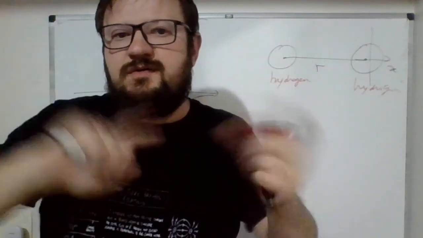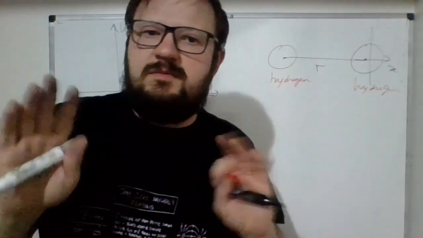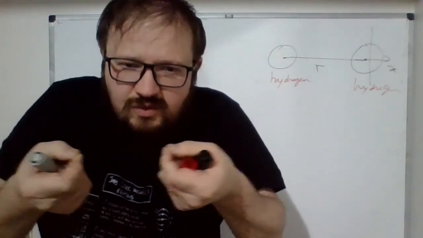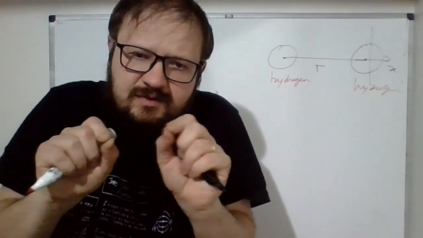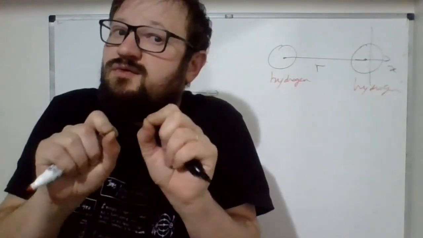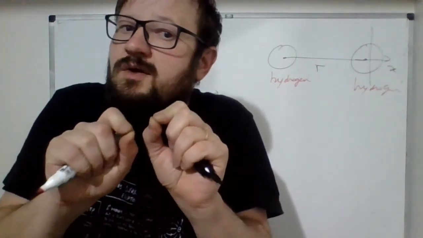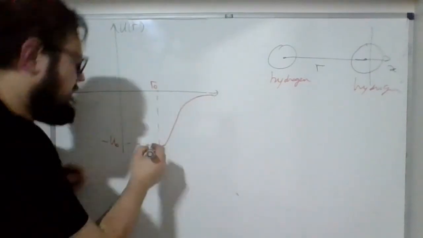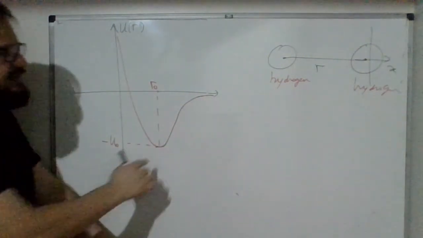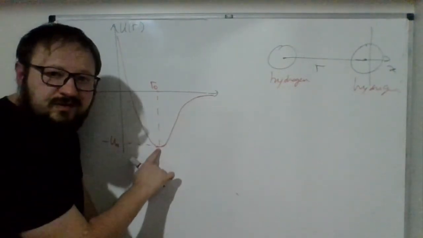Suppose that the electrons are in an already favorable situation, but you try to approximate the ions closer together. So Coulombic repulsion between equal charges will raise the potential energy to some value which is higher than the equilibrium position.